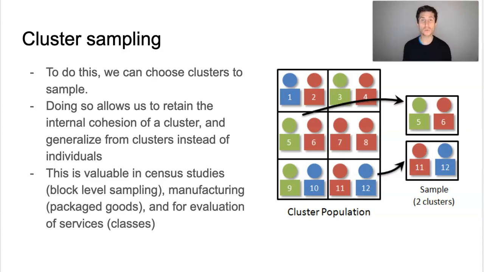We might want to do analysis that aggregates to a higher level, like a city block or a household level. So census studies give us the ability to have clusters in which, if we were doing a census-based study of the city of Seattle, we might randomly select different blocks to study. That would be an example of random and cluster sampling together.